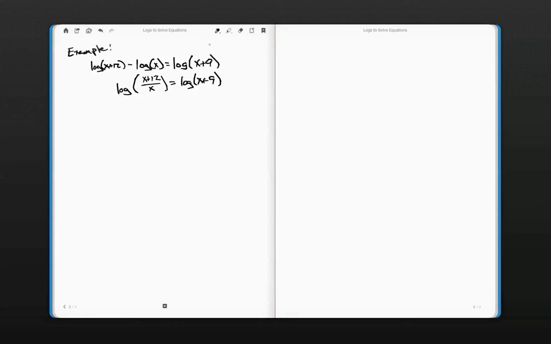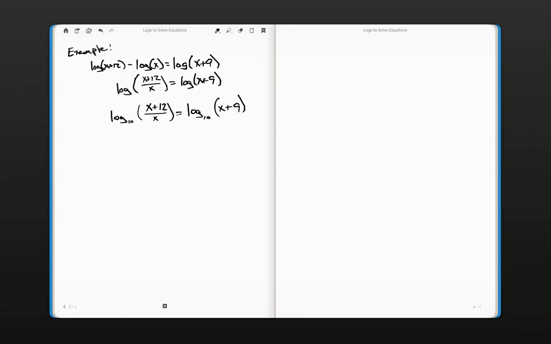So let's think carefully about this. I'm going to rewrite this. Again, the base here is 10, because if there's no base, we assume it's 10. Equals the log base 10 of x plus 9. What does this mean? What exponent do I need above a 10 to get x plus 12 over x? No idea.